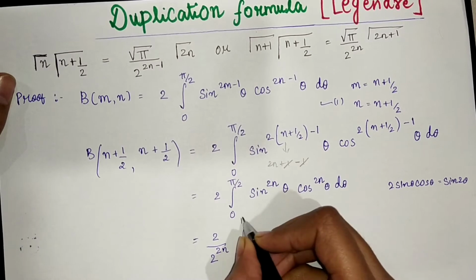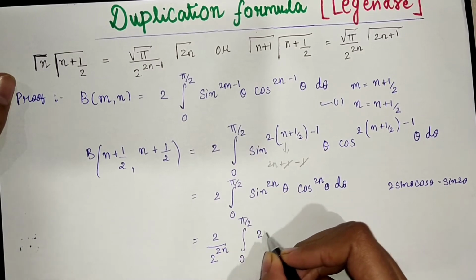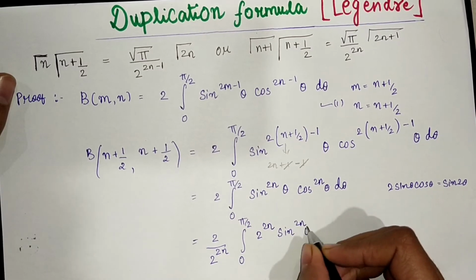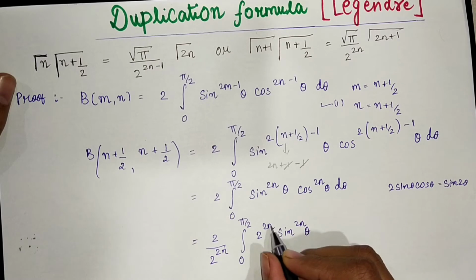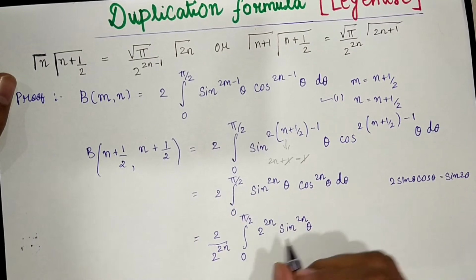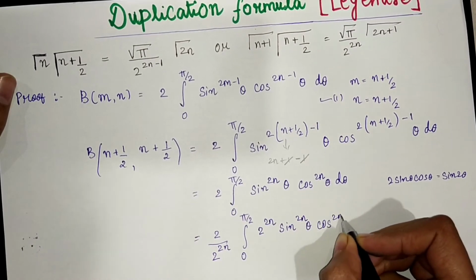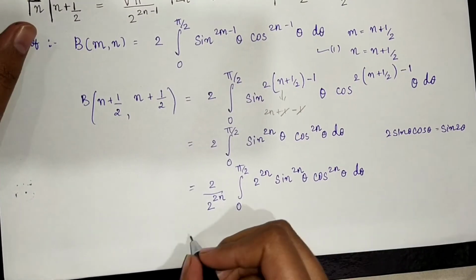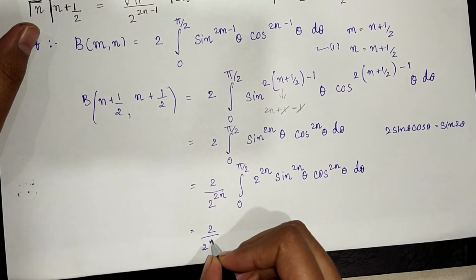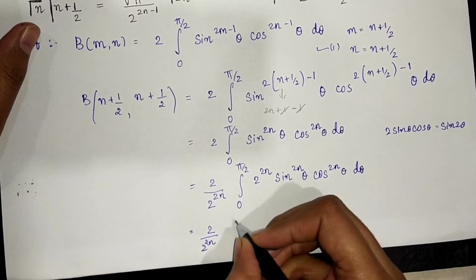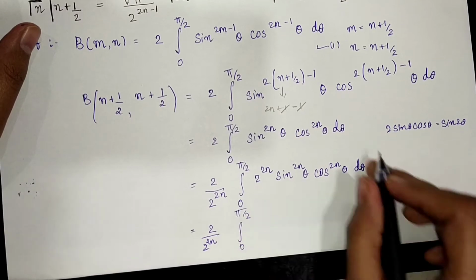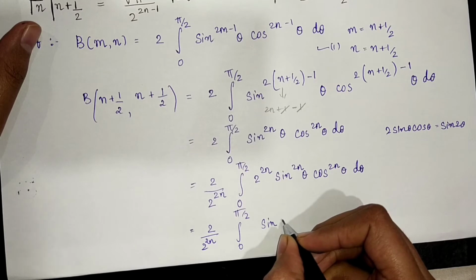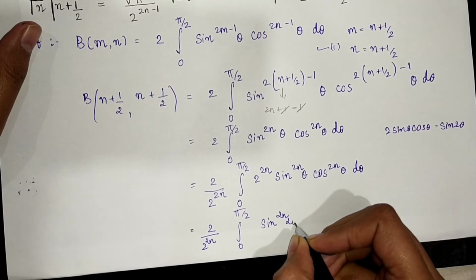So 0 to pi by 2, 2 raised to 2n, sine 2 theta, d theta. So we can write it as 2 raised to 2n remains as it is, 0 to pi by 2, and in place of this whole expression we can write sine 2 theta raised to 2n, d theta.